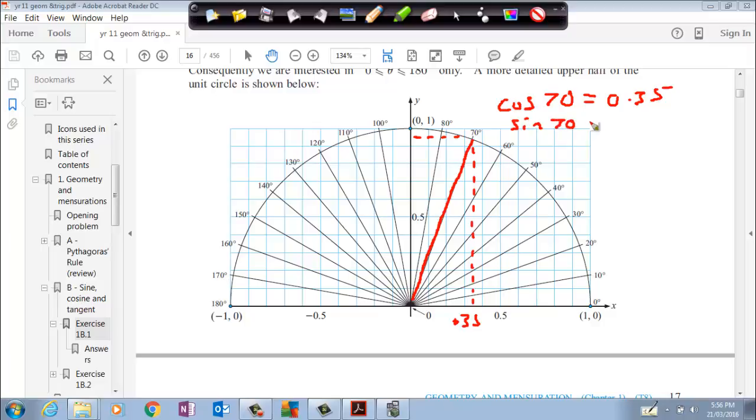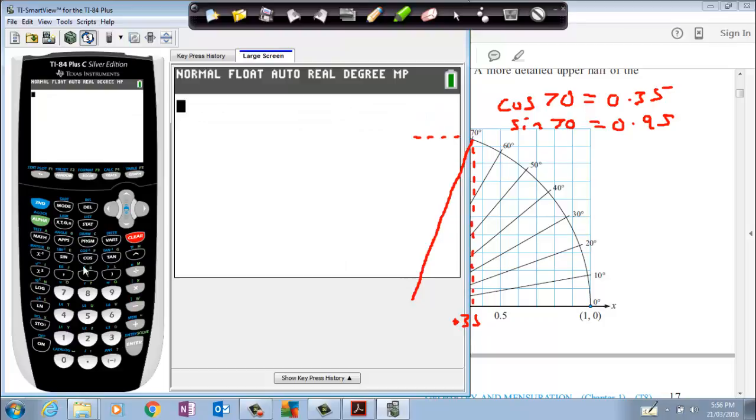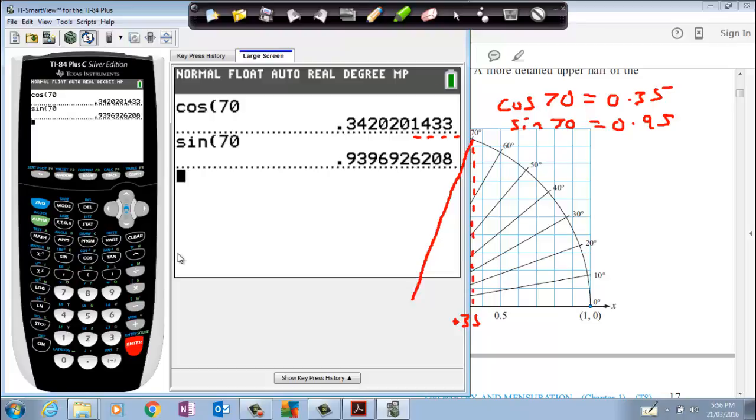Sine 70 is 0.95. Now just to check in the calculator, we can do cos of 70 and we get 0.34, and sine of 70 and we get 0.94, so pretty close.